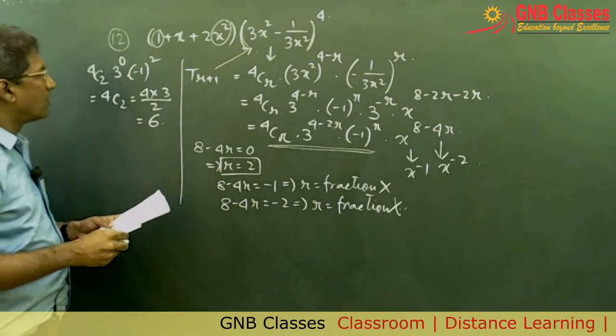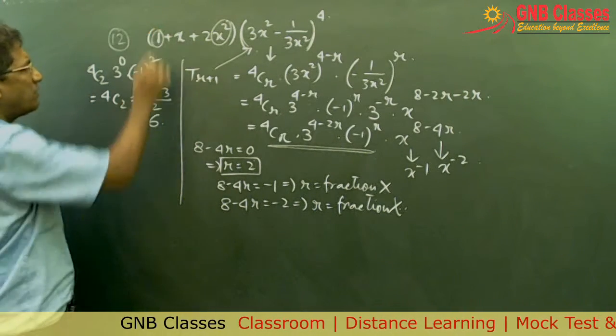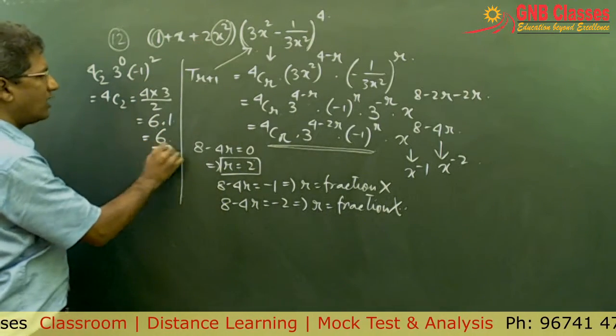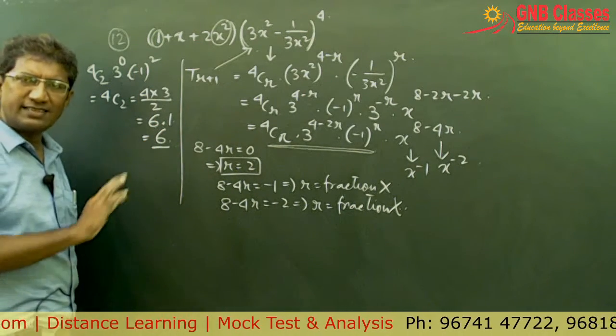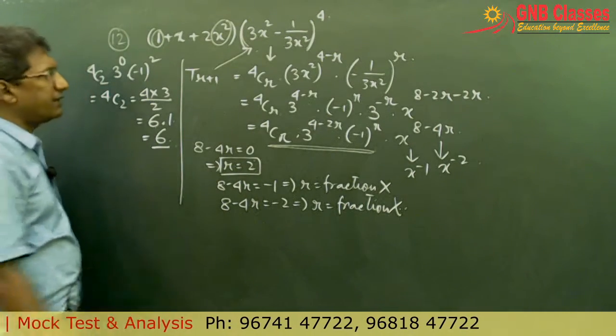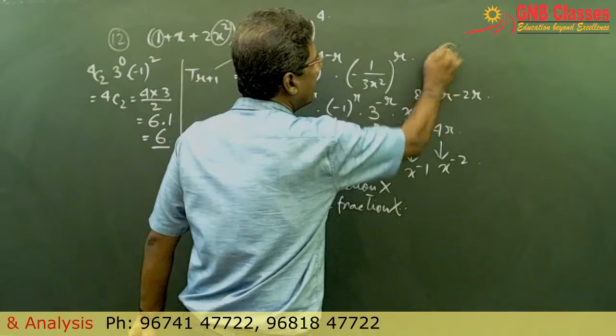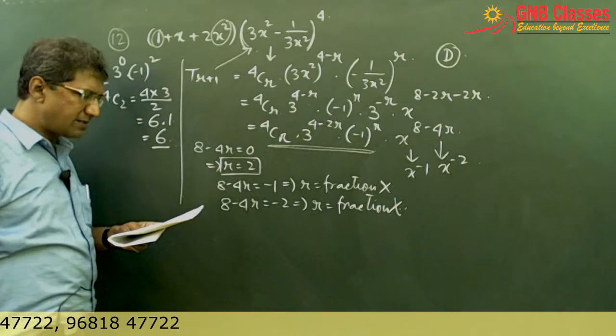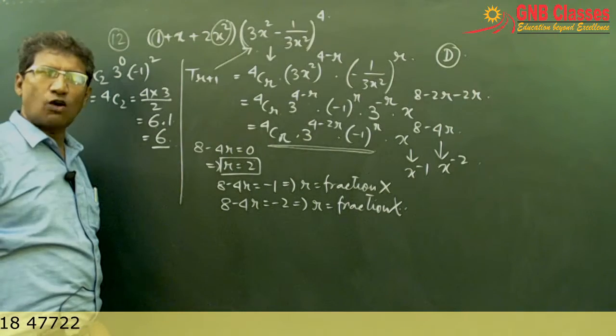Is it clear? Now 6 multiplied with 1, so the coefficient is 1 in that final case, so it will be only 6. Is it clear to everyone? Absolutely. Therefore, option D is correct for question number 12. The answer is 6. Option D is correct.